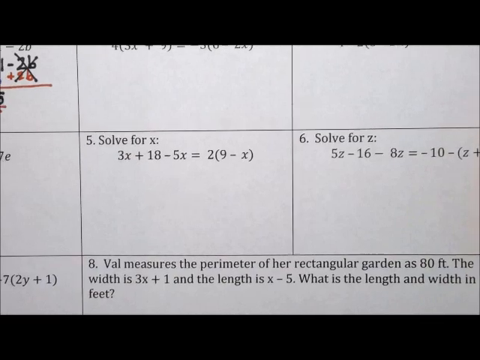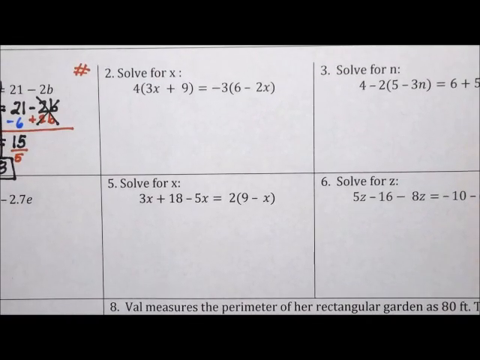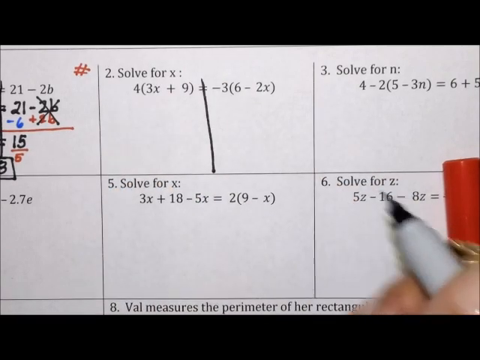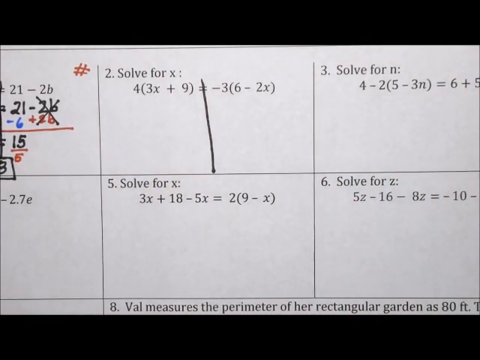Go ahead and draw your line and be working, getting it set up. I notice parentheses, so I'm going to be thinking hippity-hoppity distributive property. I'm going to give you 10 seconds to go ahead and get that going.